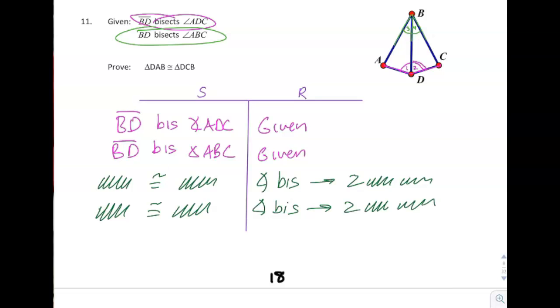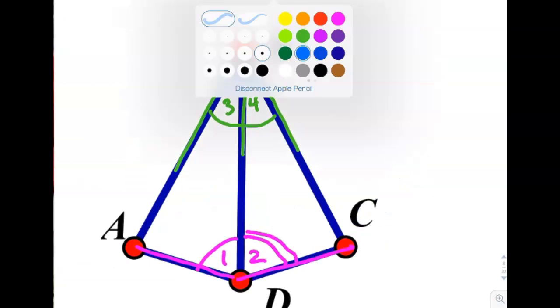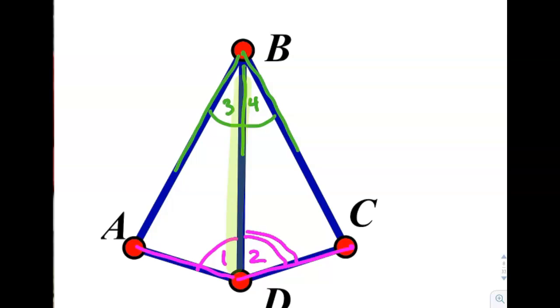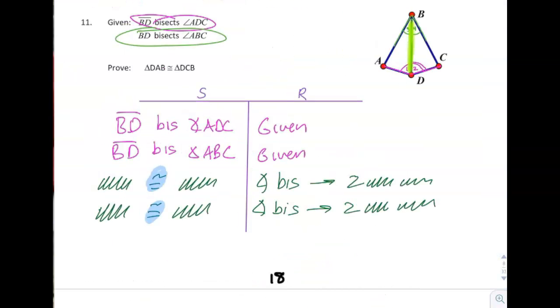So that gives me 2 congruences. I'm looking for a third. And if you notice here, they share this wall in the middle. So BD, BD, reflexive. So BD is congruent to BD because of the reflexive property.